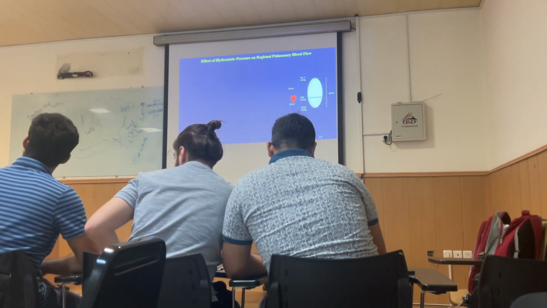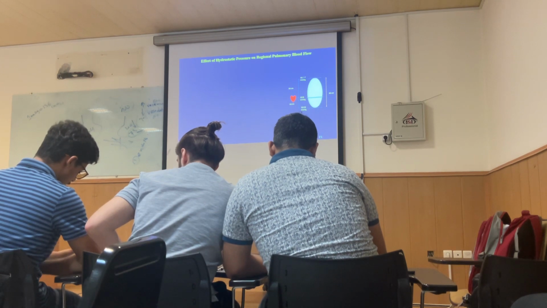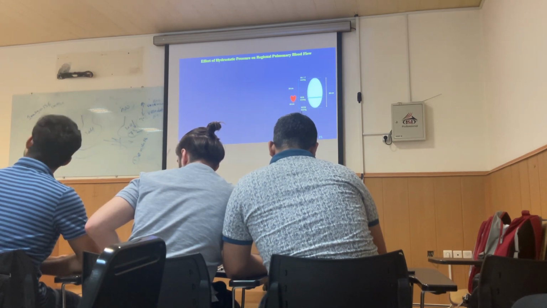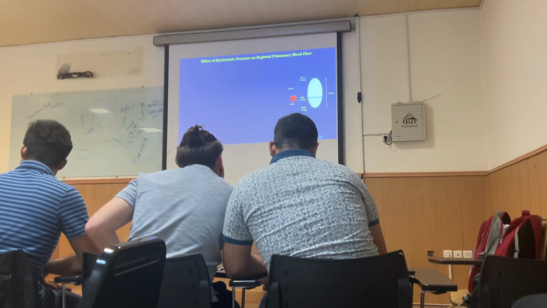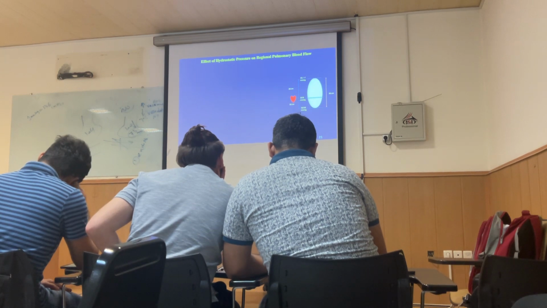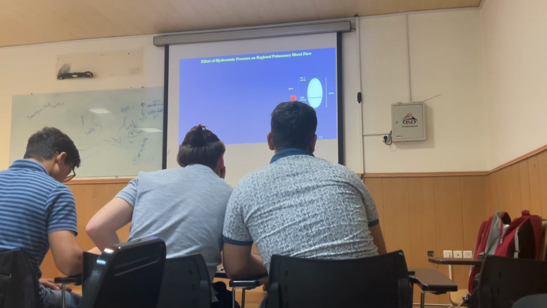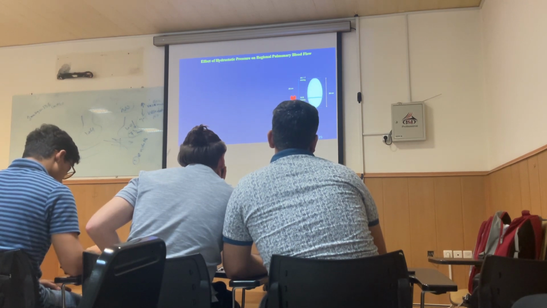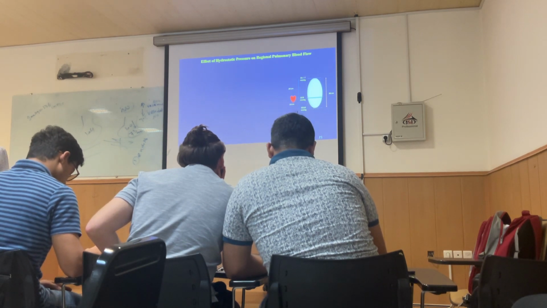Means that when I tell that the pulmonary artery pressure is 25 to 8, systolic 25, diastolic 8, the pulmonary artery lies at the level of the heart. In this point, the systolic pressure is 25. In this point, the diastolic pressure is 8.